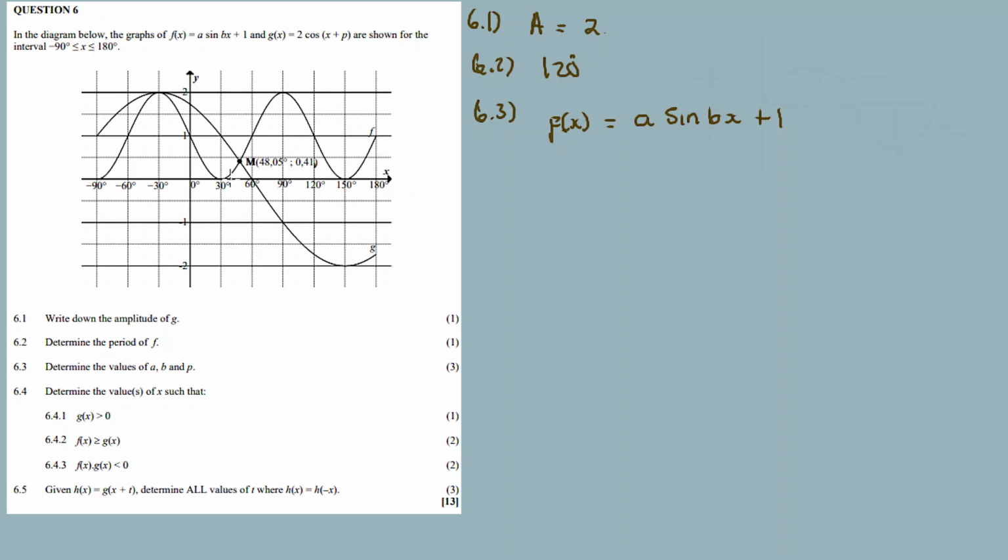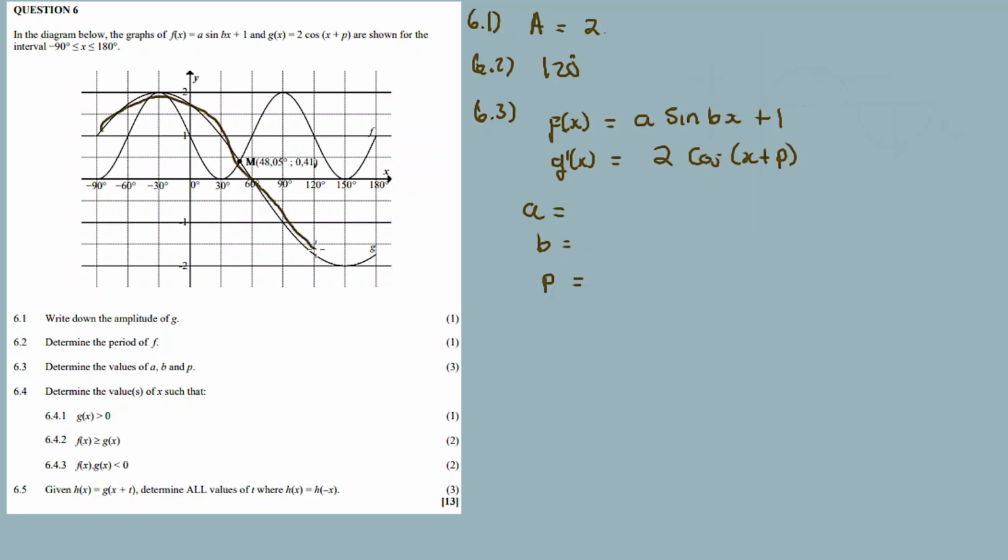That's why it is higher. Then g of x, which is 2 cos x plus p. Right? So we want the value of a, the value of b, and also the value of p. So x plus p means that g has shifted to the left.